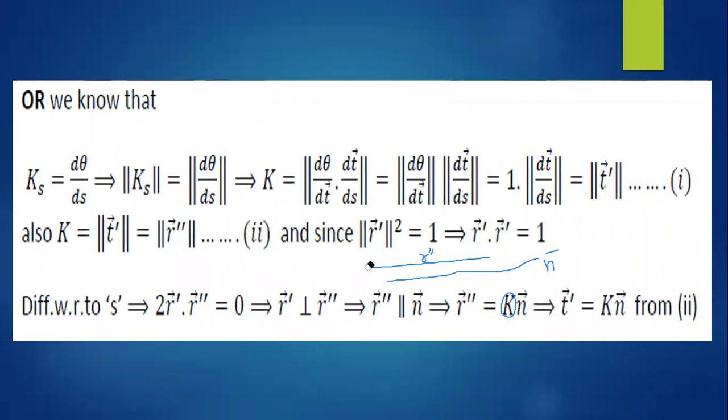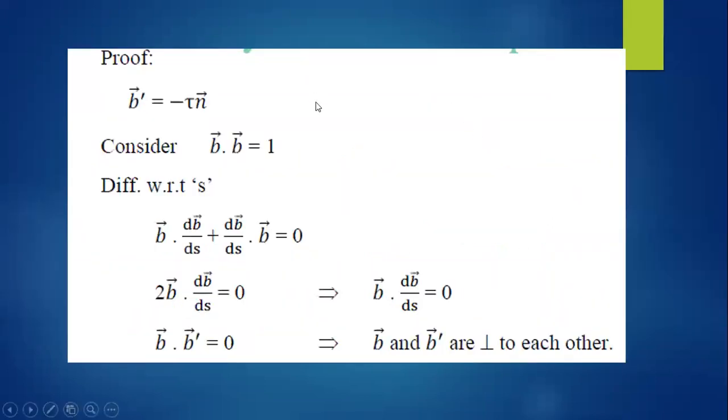So I erase this from here. So now we are on the second term, B prime is equal to minus τ n.